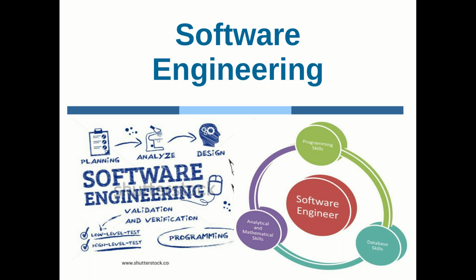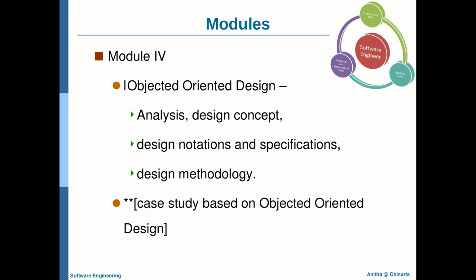One is function oriented design and the other one is called object oriented design. In the third module itself, we have discussed what function oriented design is and what the different notations used in function oriented design are.